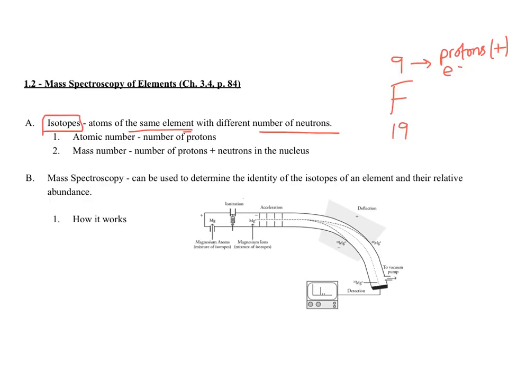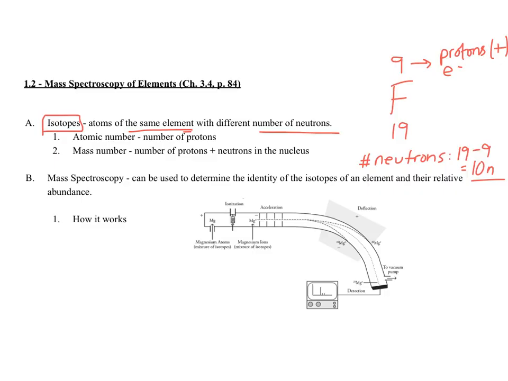In order to find the average number of neutrons, we subtract 19 minus 9, so there are 10 neutrons in the nucleus. Neutrons are neutral, they don't have any charge. So most of the fluorine atoms have 10 neutrons, but not all of them do.